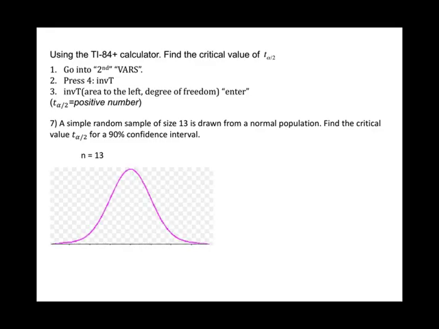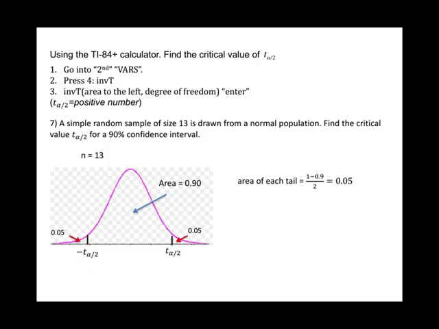So we have assumed this is a normal distribution again, and 90% in the middle. So in the middle is going to be 0.90. Figure out what is the area on each tail. So it's going to be (1 minus 0.90) divided by 2, which is going to be 0.05. Okay, exactly the same step, just like example 1 and 2.